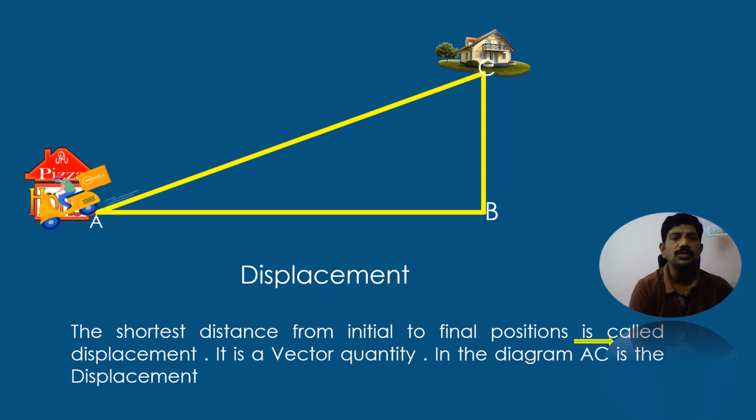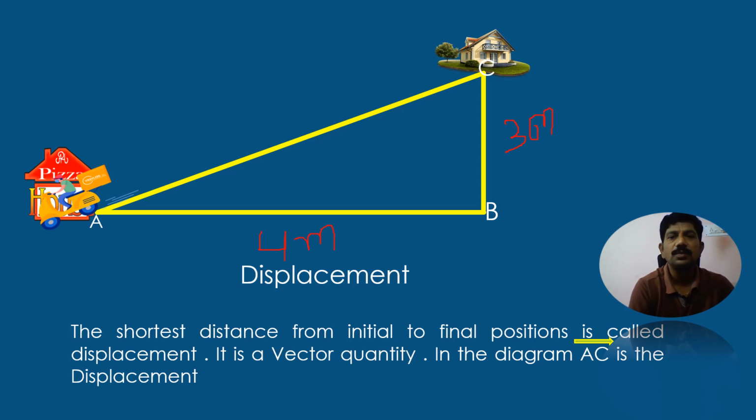Now, let us assume the distance between A and B is 4 meters. Next, from B to C is 3 meters.